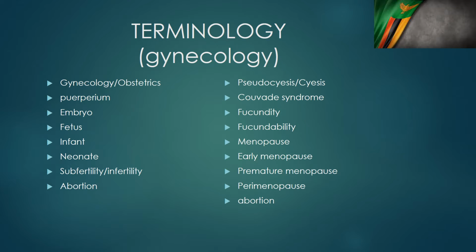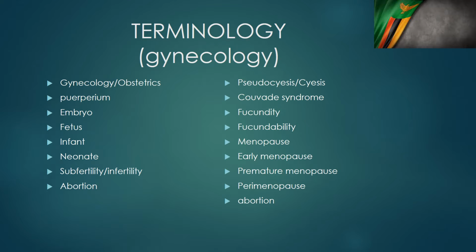That is what is called fecundability. Fecundity, on the other hand, is the probability of having a live birth in one cycle. So in that one cycle, a woman manages to become pregnant and also manages to have a live birth. That is what is called fecundity. So those are the two terminologies.